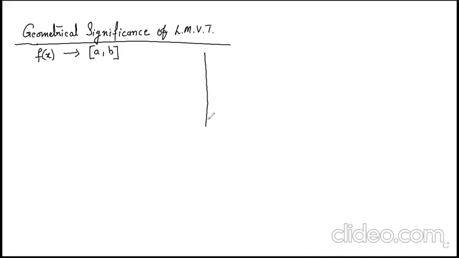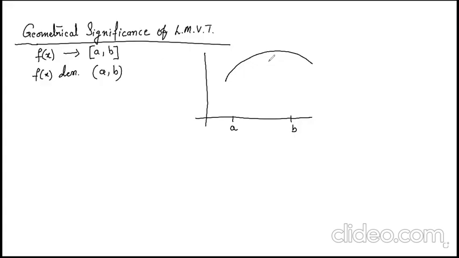Say this is a curve on the coordinates, and this is your point A and this is your point B. There must be a continuous curve between A and B. Next, f(x) is derivable in the open interval (a,b). That means at every point between A and B, there exists a tangent.